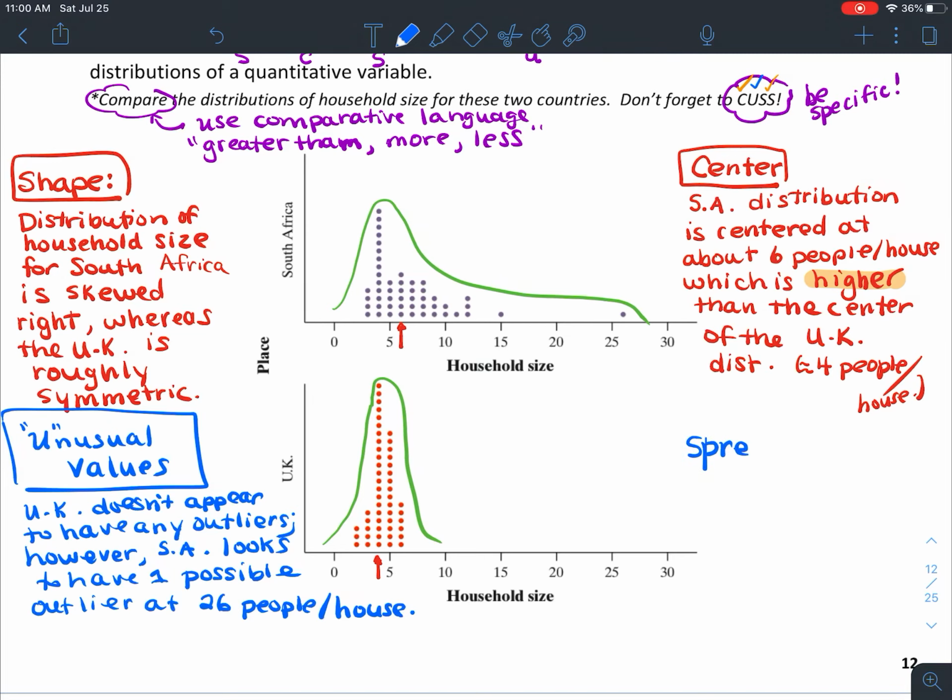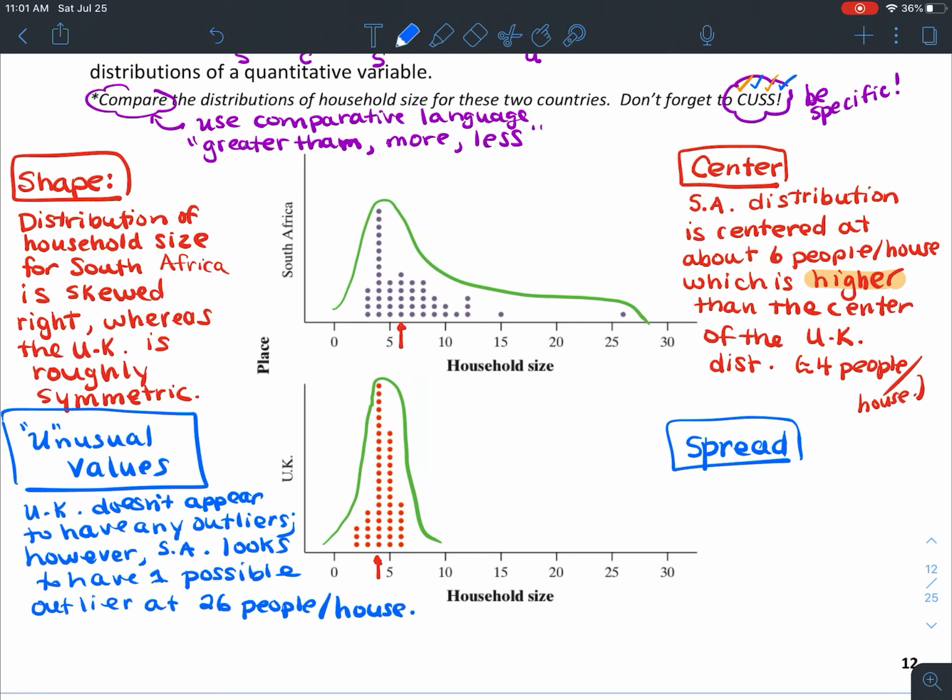So there's another S, and that S has to do with the spread. So I want to compare the spread of these. Okay, now spread is talking about the span. How much is the data spread out? Well, clearly South Africa has a much larger spread than the spread of the UK.